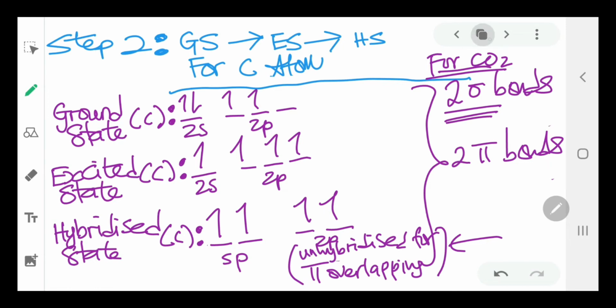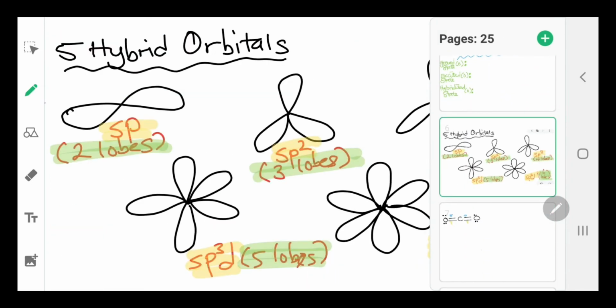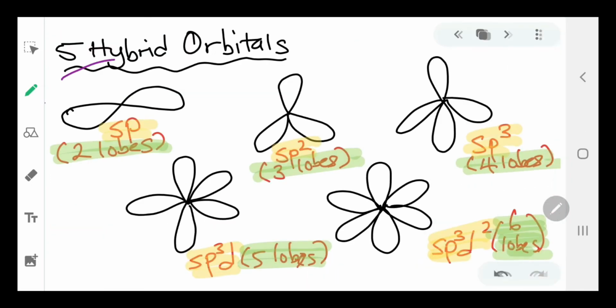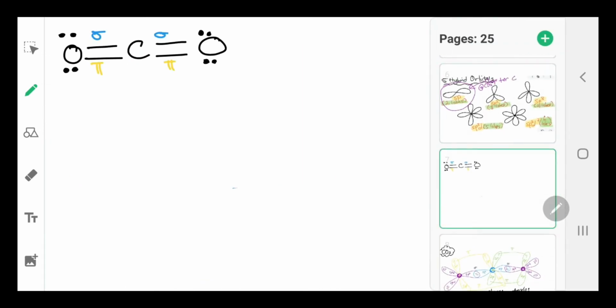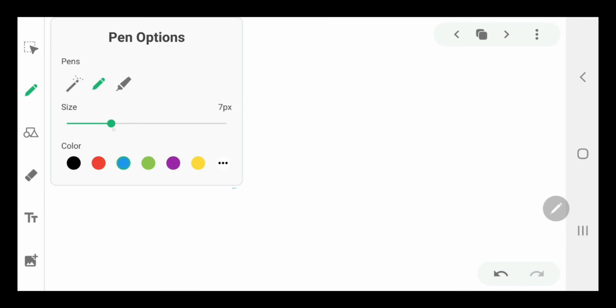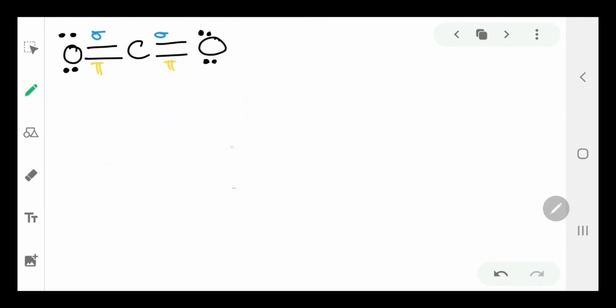Okay, so when we look at the shape, sp is this, so that is the shape for carbon in CO2. So it's going to look like this. You have sp here and sp there, and then you have 1 and you have 1.